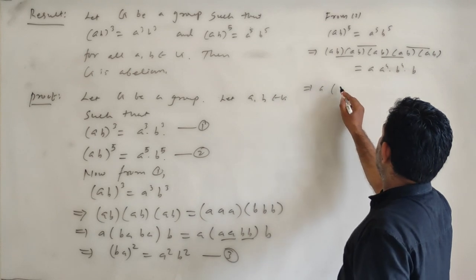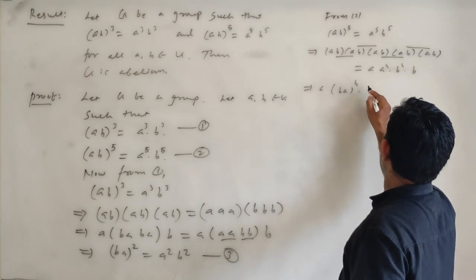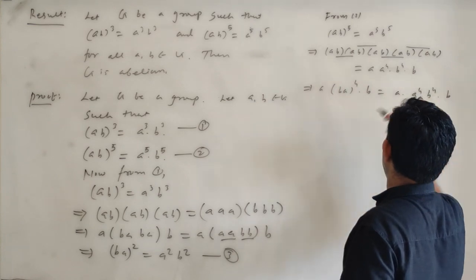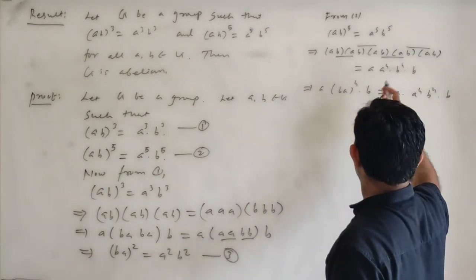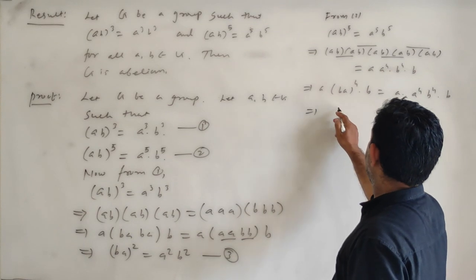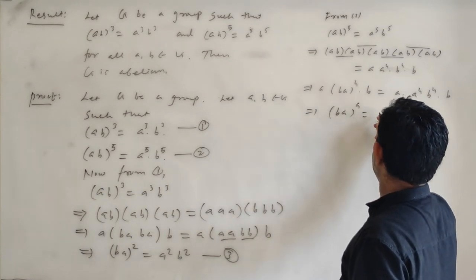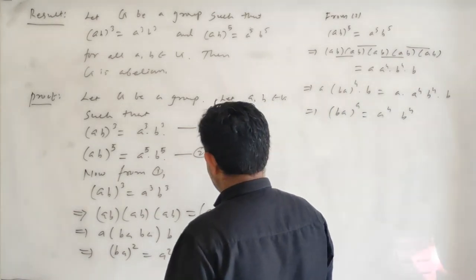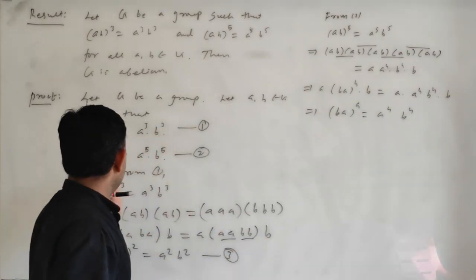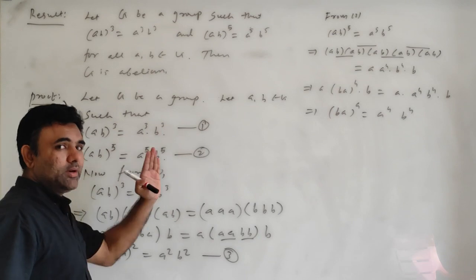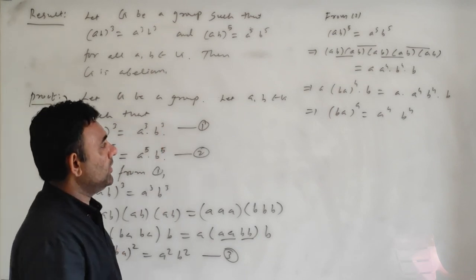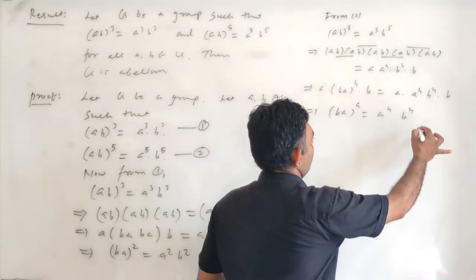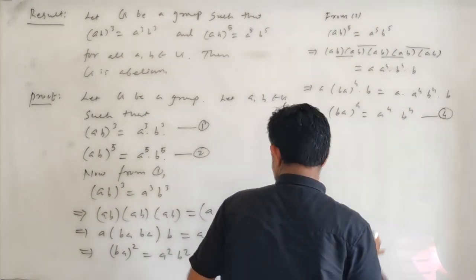So it is (BA)^4 into B equal to A into A^4 B^4 into B. So A cancels, B cancels. What I have is (BA)^4 equals A^4 B^4. Again, if you can distribute 5 power from left to right, then you can distribute 4 power from right to left. That is also another information. Let me say it is result number 4.